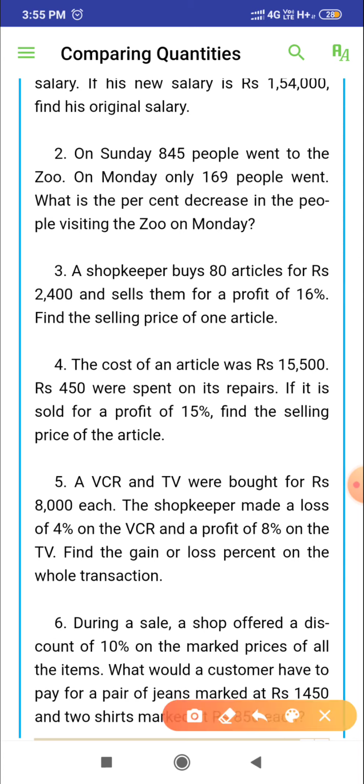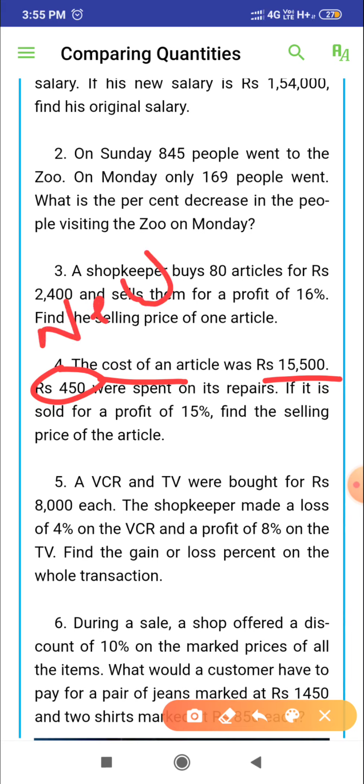So it is given in the question that the cost of an article, means the cost price of the article, is rupees 15,500. We spend 450 on its repair, means 450 is the overhead charges here. So now the new CP becomes 15,500 plus 450.